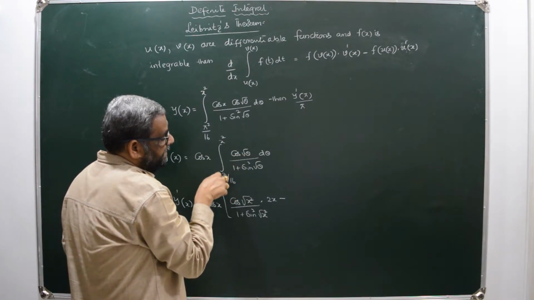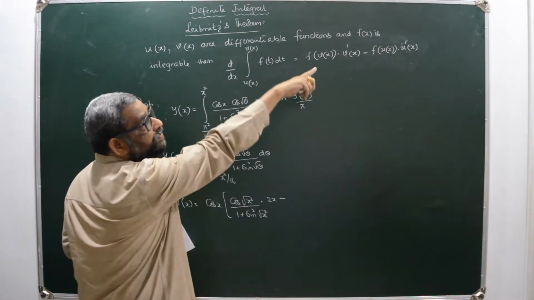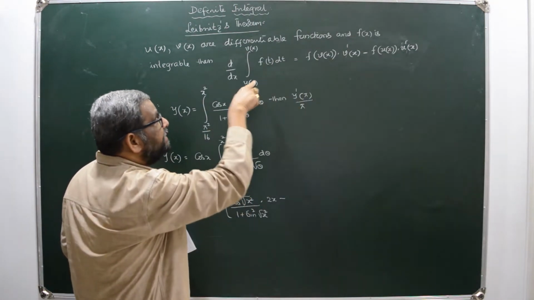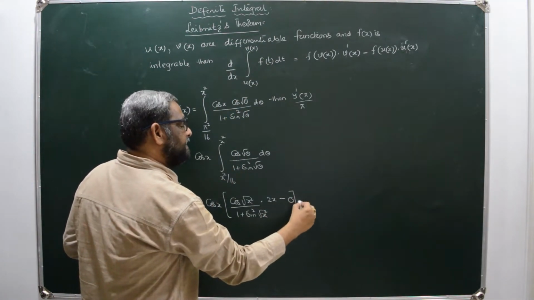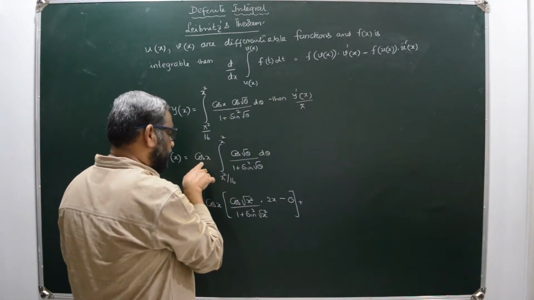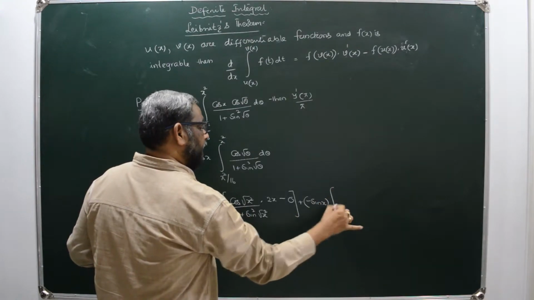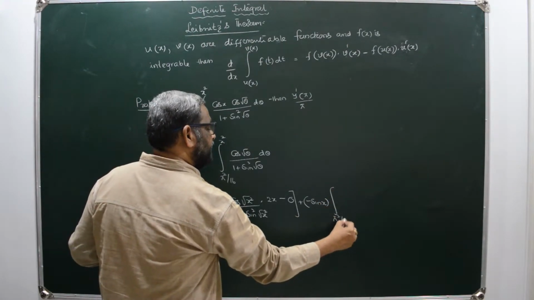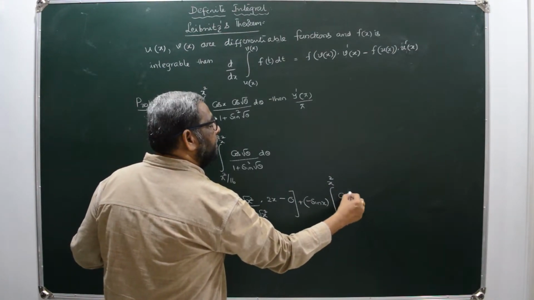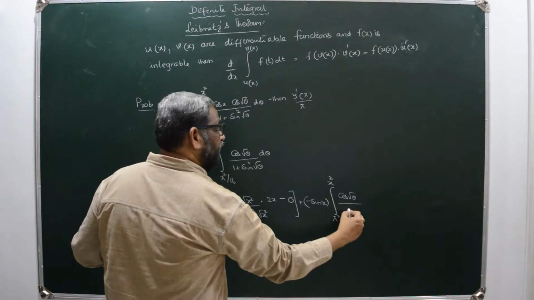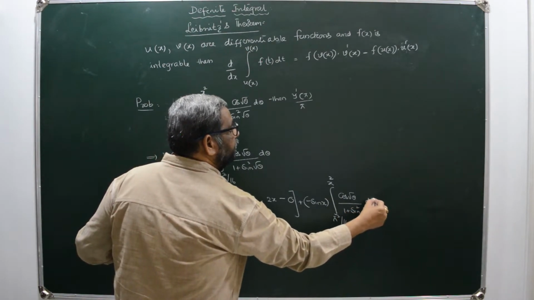This being a constant, its derivative is 0, because f(v(x)) into v'(x) minus f(u(x)) into u'(x). So this will become 0. Plus now the derivative of cos x, minus sin x, into the integral, as it is, from pi square by 16 to x square of cos root theta by 1 plus sin square root theta d theta.